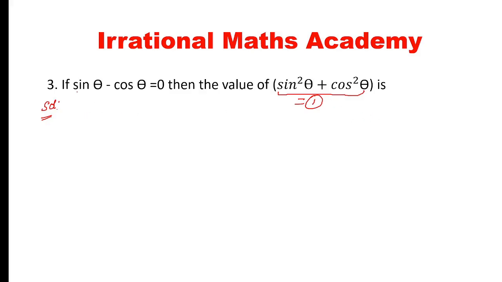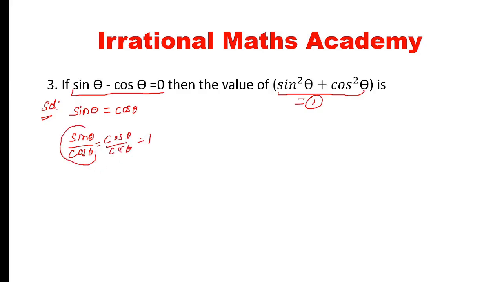If they want us to use this condition, let us see here. I'll take the condition sin theta minus cos theta equal to 0. If I transpose minus cos theta to the other side, it becomes sin theta equal to cos theta. Now divide both sides with cos theta. Cos theta by cos theta equal to 1.